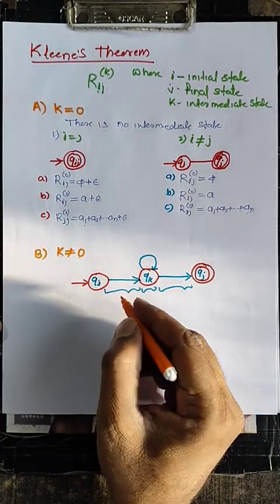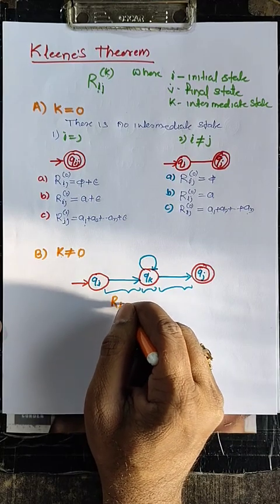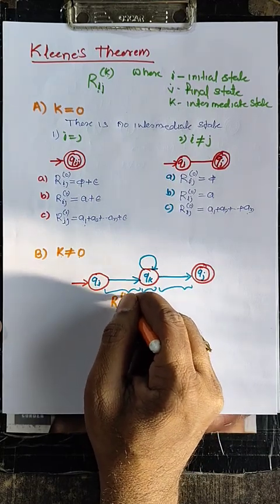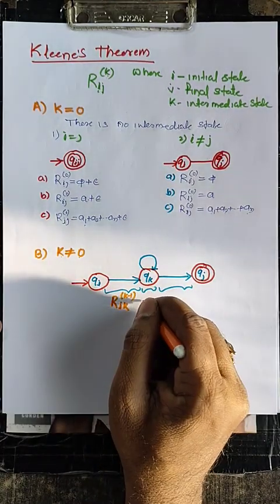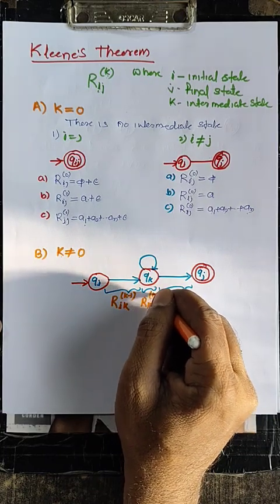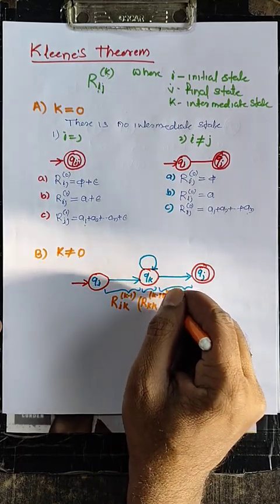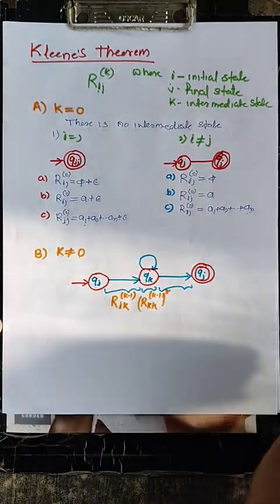The transition for this is i to k with k minus 1, and the self loop on k is k to k with k minus 1, in brackets to the power star. Here you can take n number of loops.